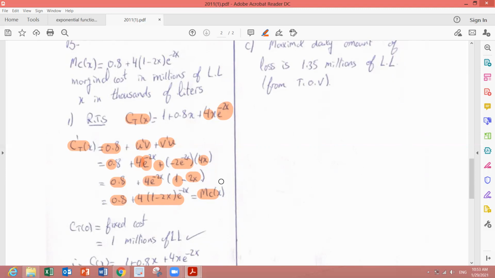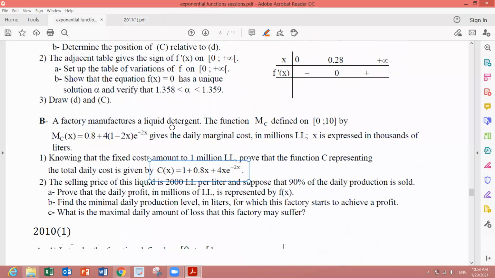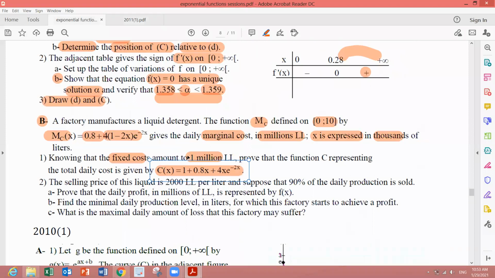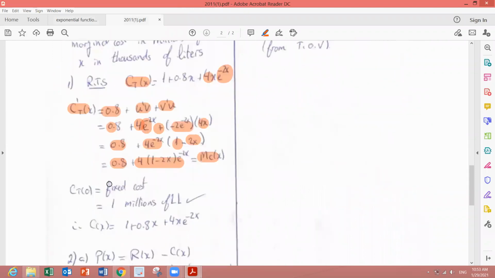Do you like to ask a question here? No. There is one more thing. What else did they give us? That the fixed cost is 1 million. How to prove that the fixed cost is 1 million? How do we find the fixed cost? C(0) is the fixed cost.